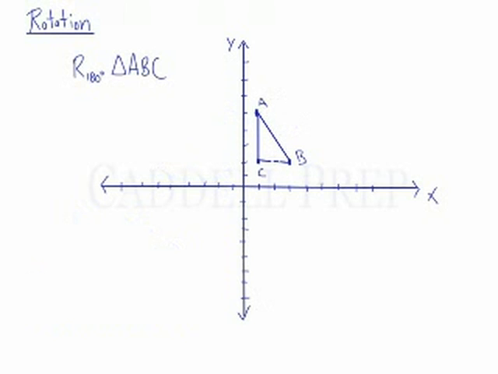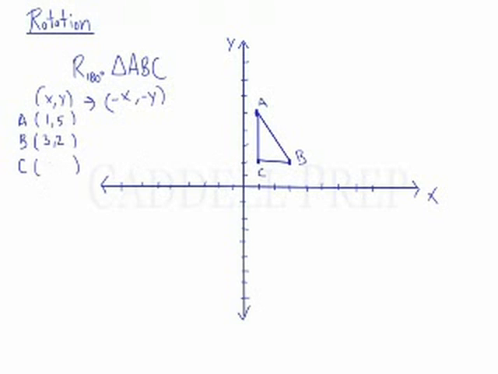Now let's rotate triangle ABC 180 degrees. So again, let's start by writing our rule. The coordinates x, y are going to become negative x, negative y. So let's write down our coordinates of triangle ABC. For A we have 1, 5. For B we have 3, 2.